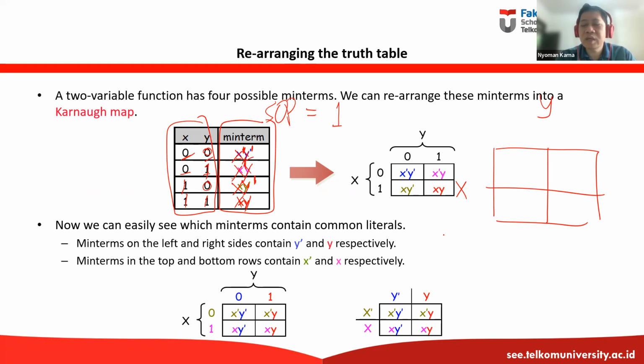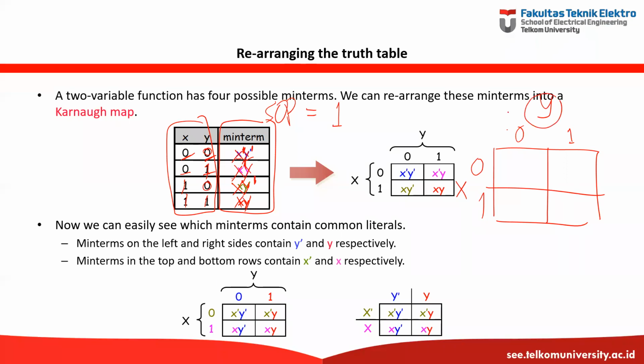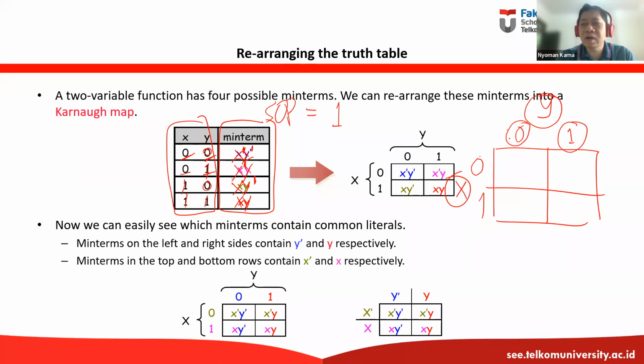Y can become 0 and also can become 1. Remember, Y can become 0 or 1. Same thing like X. X could become 0 and could become 1. So this is the input, and each input can become 0 or 1.